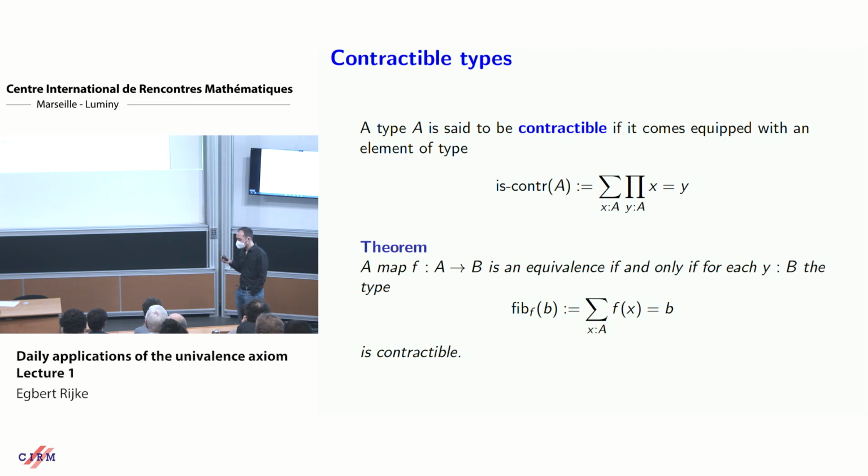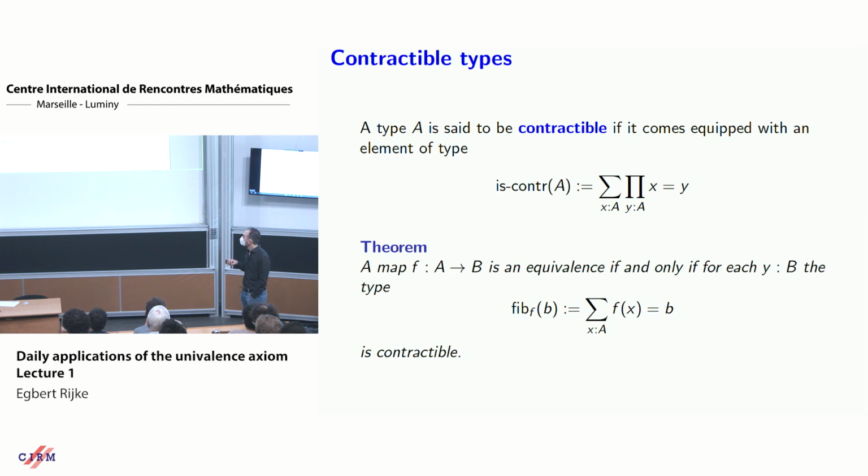That was because he was aware that there might be some coherence issues if you just say that a map has an inverse, and it's hard to pin down. But if you just say contractible, you kind of know that you're safe. So that's kind of one reason. There's nothing in this type except that point and all of the rest is equal to that point. There can be no funny loops because you can prove that those are refl.